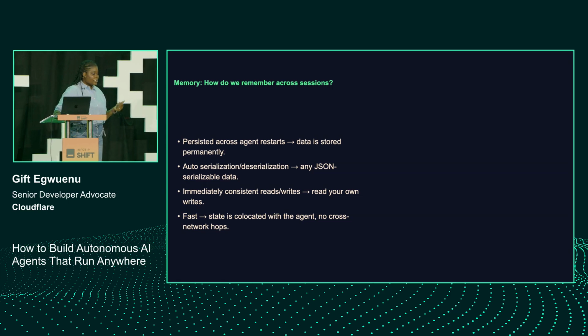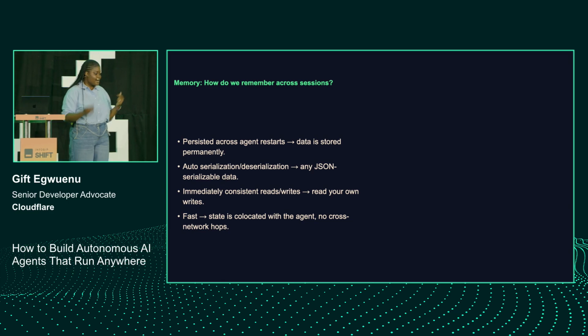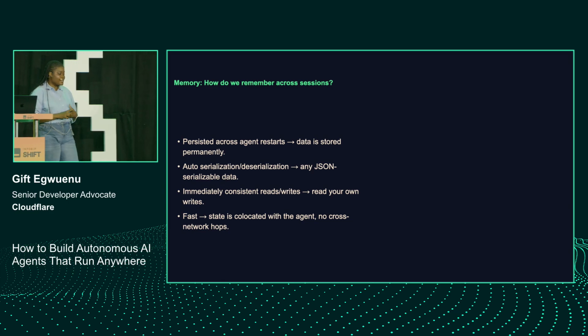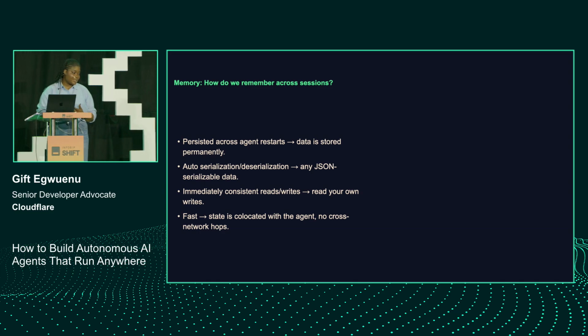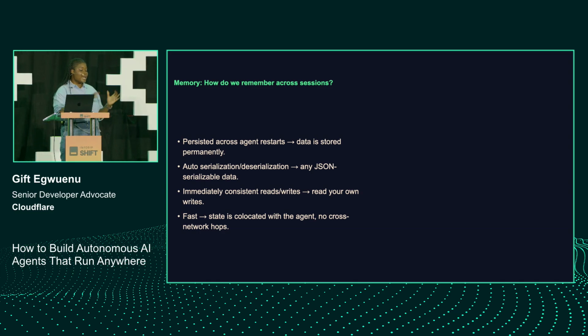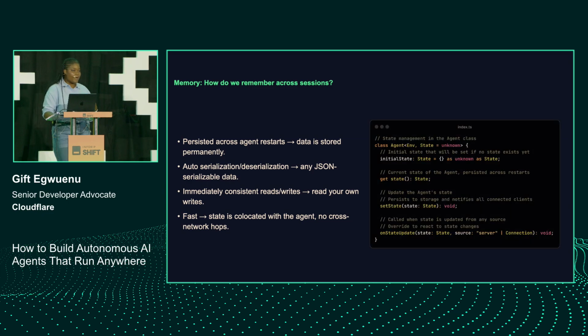These are some of the core things that it ships with. It's persistent across agent restarts. It has auto-serialization and deserialization, and it's immediately consistent across reads and writes. And finally, it's super fast. I'll show you a demo of how this works in a bit.